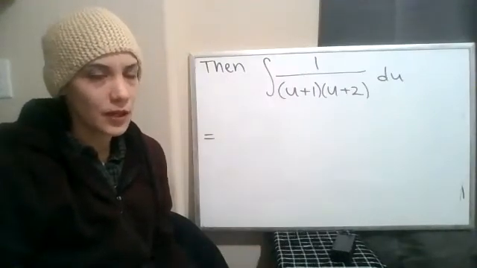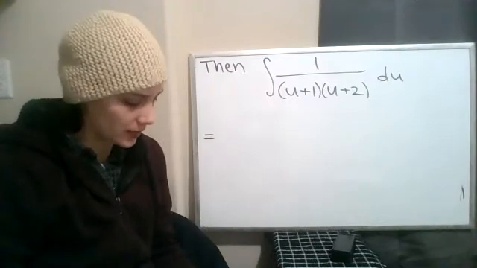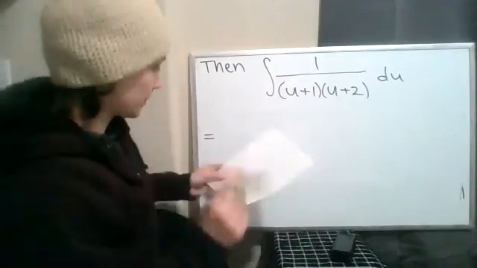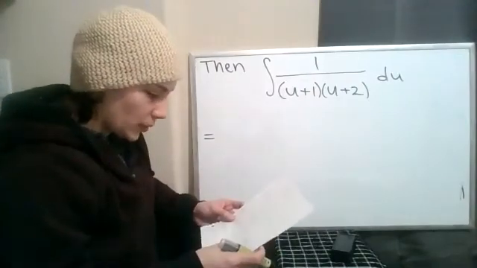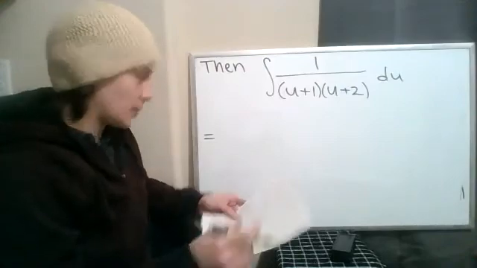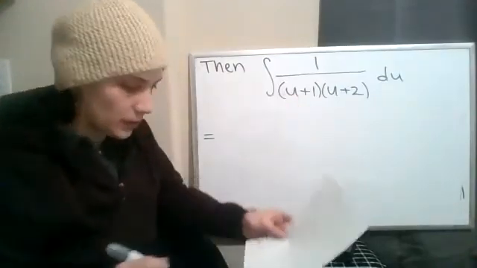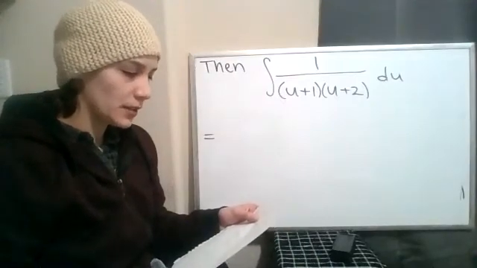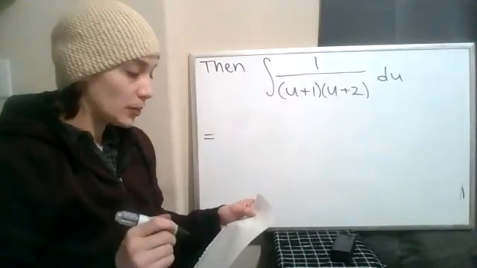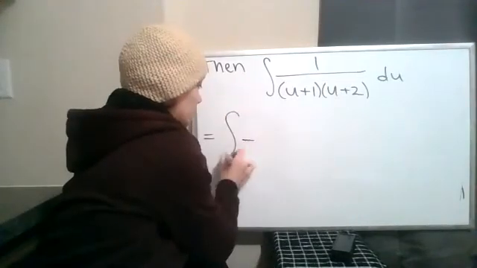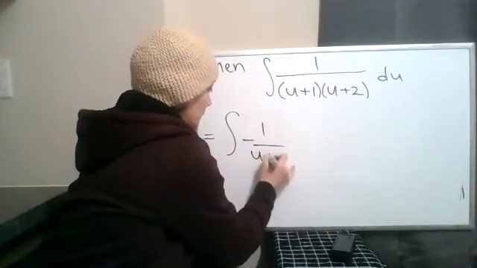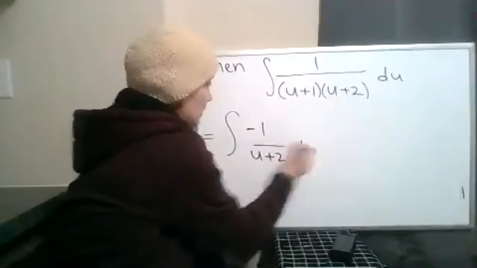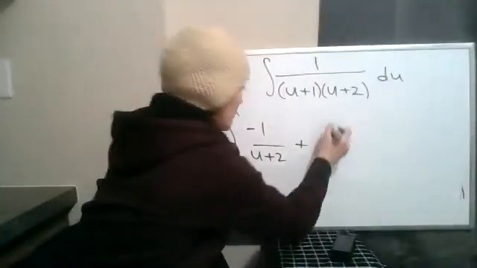Shoot. Okay, this is what I have. So I hope I didn't make a mistake. I got 1 over u plus 1 times u plus 2, this part, is equal to, I think I just have it out of order is all. Was it -1 over u plus 2 plus 1 over u plus 1?